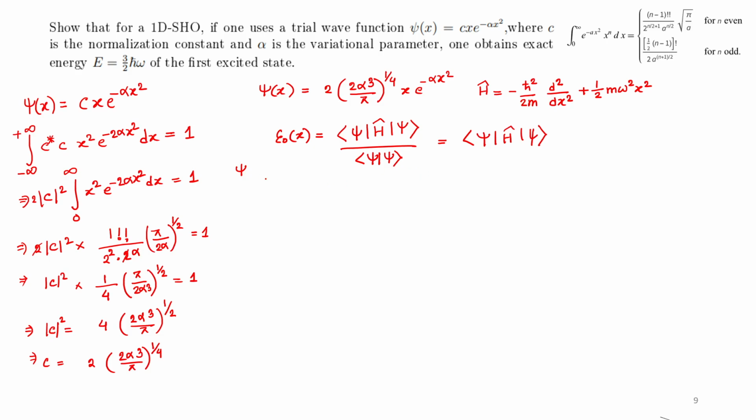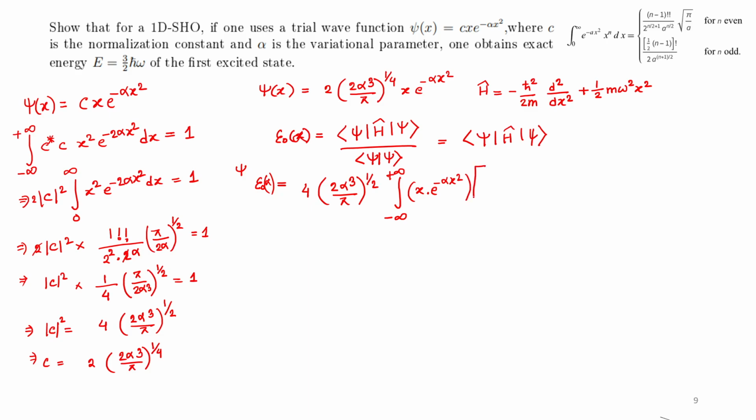Let me write it in the integral form. Obviously I will take the first set of constants outside, that is going to be alpha cubed by pi to the power half. Then minus infinity to plus infinity. First we have x e to the power minus alpha x square.